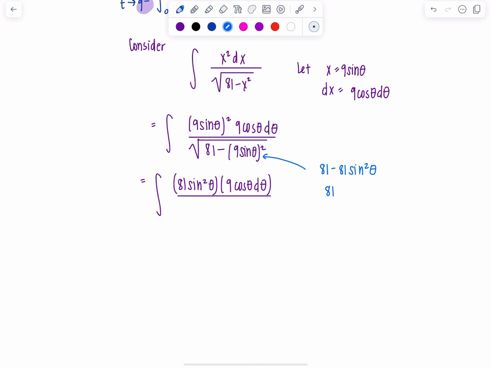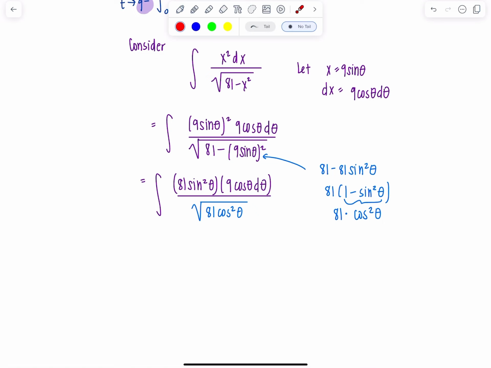And I can factor out the 81, and then I have 1 minus sine squared theta, which, the whole point of doing trig sub, we can replace now with the appropriate Pythagorean identity. So I have radical 81 cosine squared theta, which technically is 9 absolute value cosine theta, right?